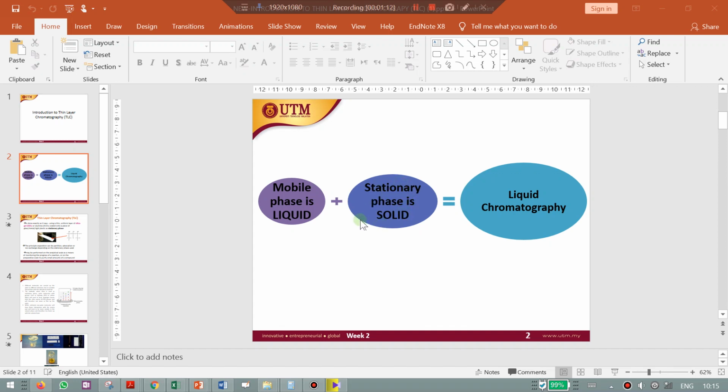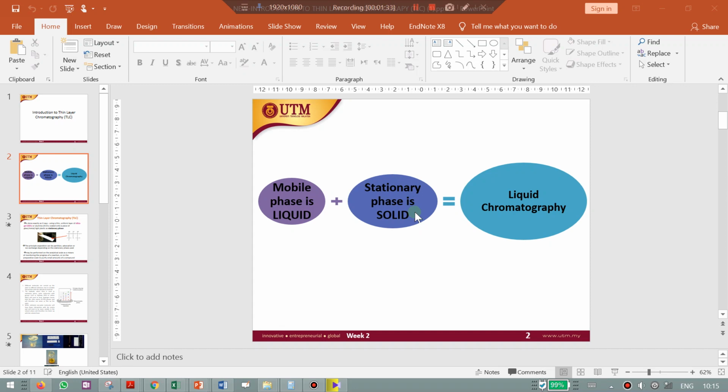Okay, I give you guys a clue here. If the stationary phase is liquid, it is not called thin layer chromatography. You guys can study it by yourself. It's about paper chromatography, which is about the same as thin layer chromatography. They use a planar paper. In TLC, they use silica.